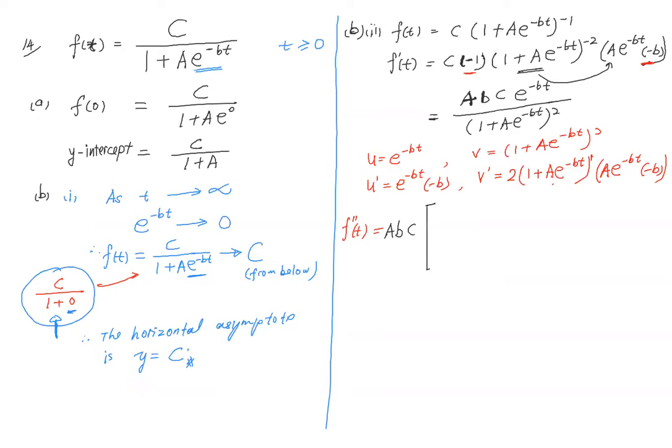So you know quotient rule is a fraction. v u prime take away u v prime.